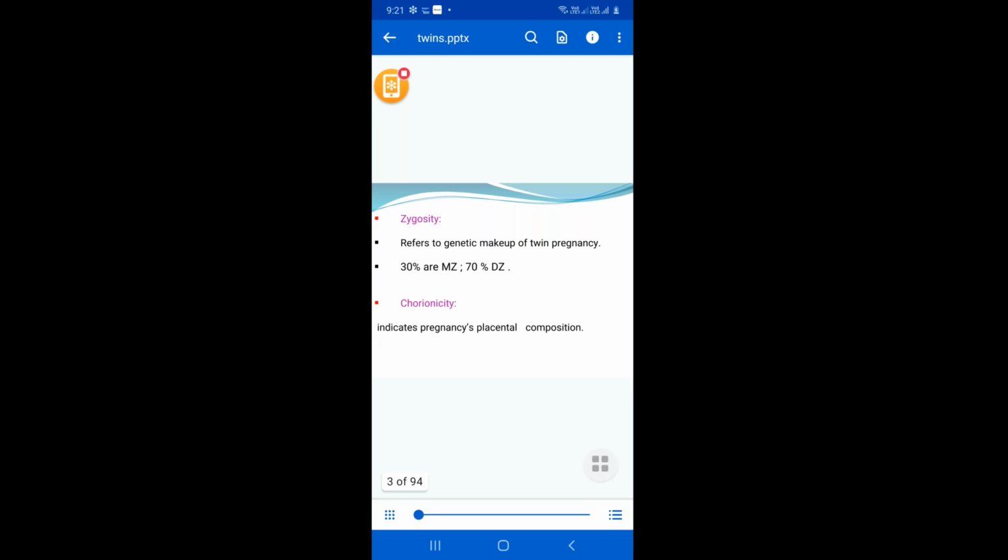Zygosity refers to the makeup of twin pregnancies. Usually 30% are monozygotic, 70% are dizygotic. You need to know what is meant by zygosity and what is meant by chorionicity. Chorionicity is the number of placentas in the womb, whereas zygosity is the number of fertilized ovums.